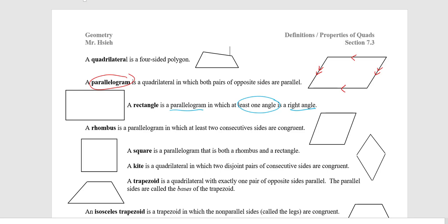And we know that if it's a parallelogram, these two sides are parallel to each other, so these two angles have to be supplementary to each other. That means this one also has to be a right angle. And likewise, if these are parallel to each other, then these two also have to be right angles because, for example, the two bottom angles here are going to be supplementary to each other.